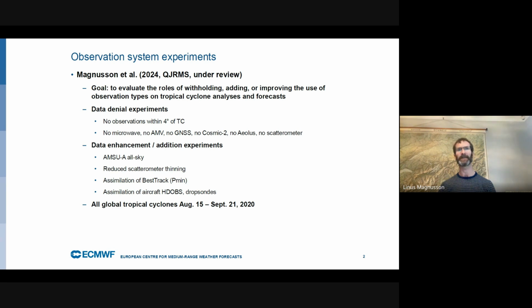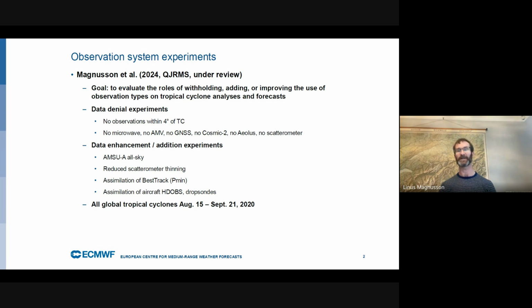a couple of typhoons as well. And for this period, we run observation system experiments where we had our operational system as a baseline. And then first we had a number of data denial experiments where the first one was to withdraw all the observations within 4 degrees of each tropical cyclone.